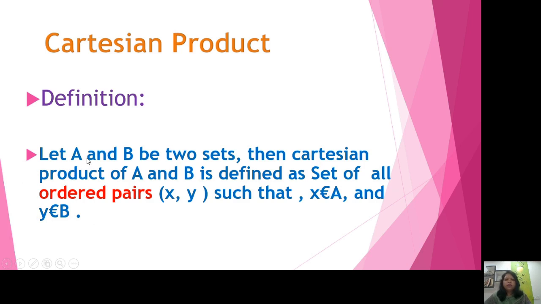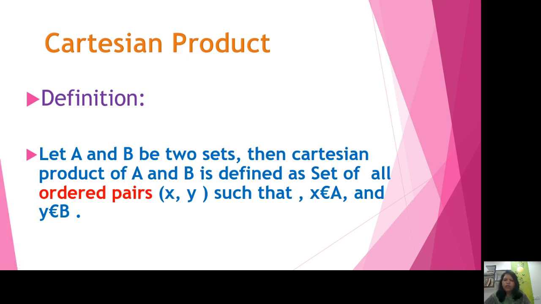That means this is a product of two sets, and in this Cartesian product there are pairs, not a single element like x, y or other.